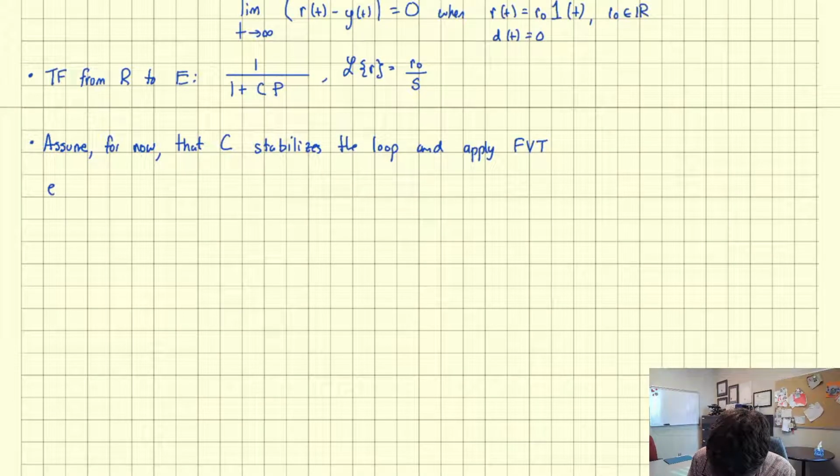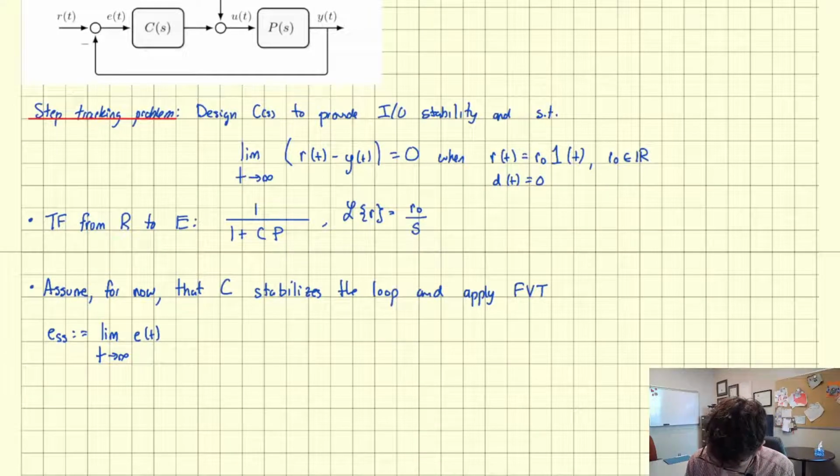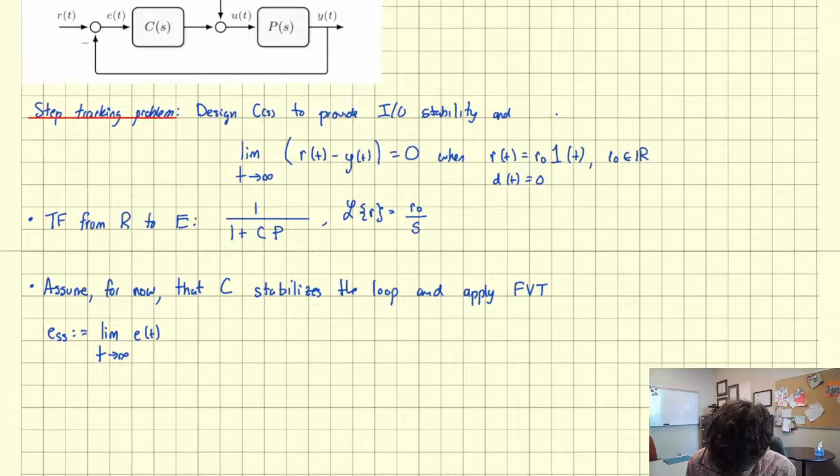So we have that the steady state error is the limit of the tracking error.